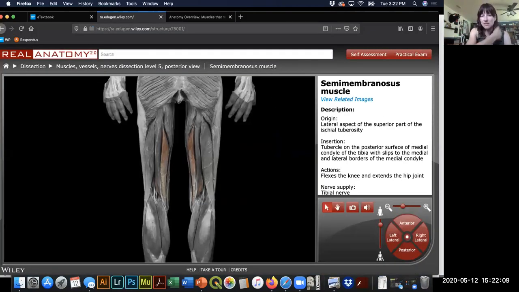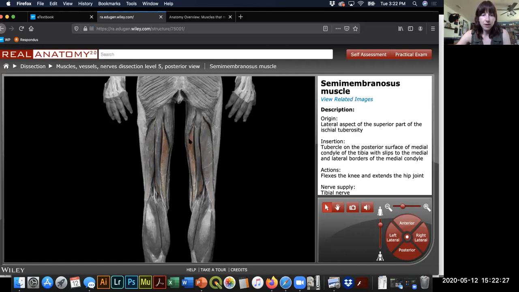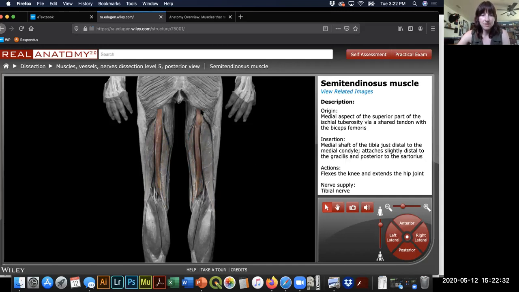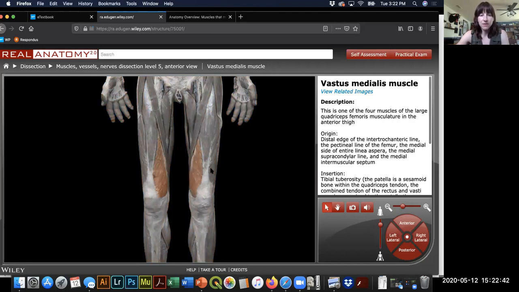Your dissection guy on Wiley Plus has your hamstrings very clear. Here's your biceps femoris, your semimembranosus on the medial side, and right in the middle, your semitendinosus.